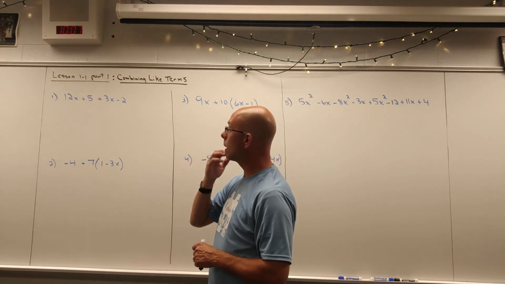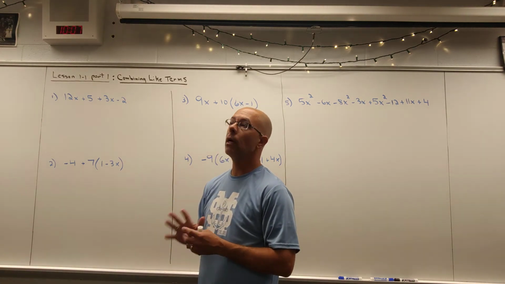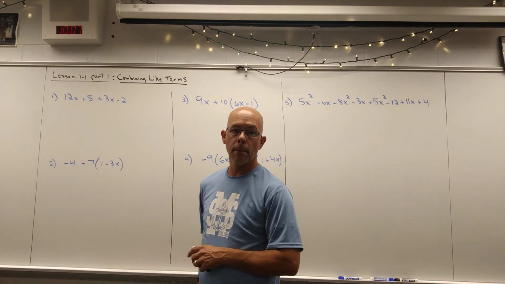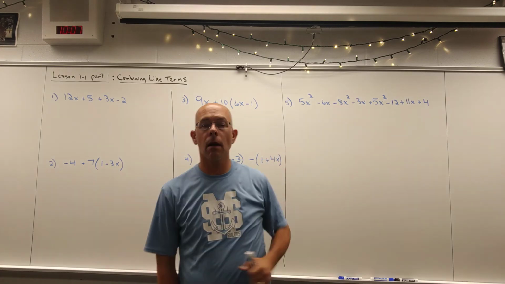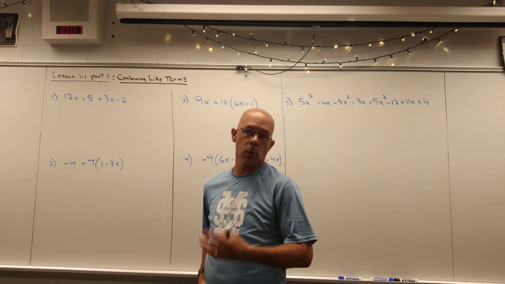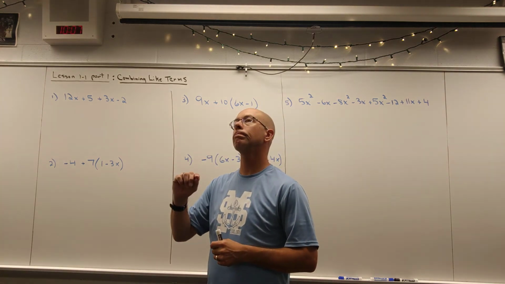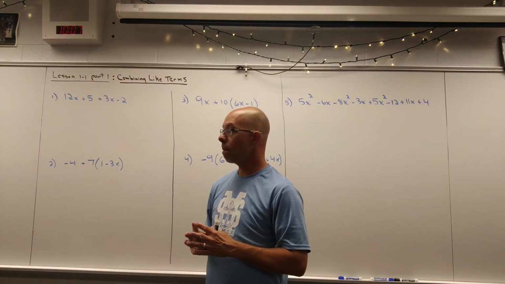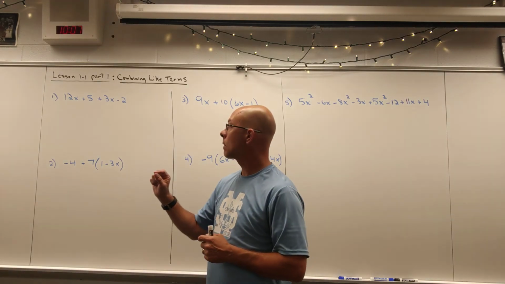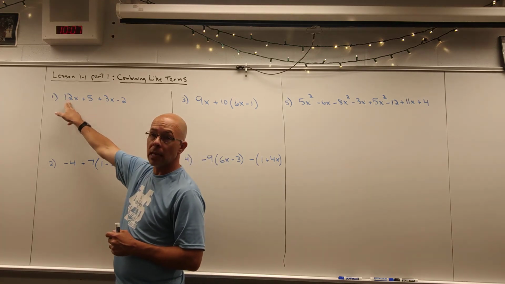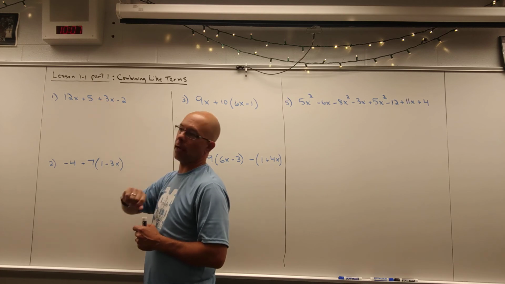So number 1 here, we have 12x plus 5 plus 3x minus 2. I basically start with my letters first, and if there's more than one type of exponent, like number 5 over here when we get there, I start with the higher exponent first. Well, all we have is x here. When you combine your x's, you read the sign in front of the term, meaning 12x, read that sign, plus 3x.